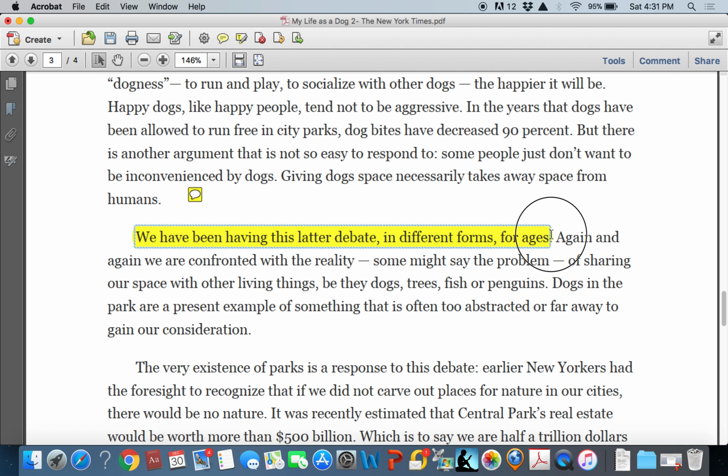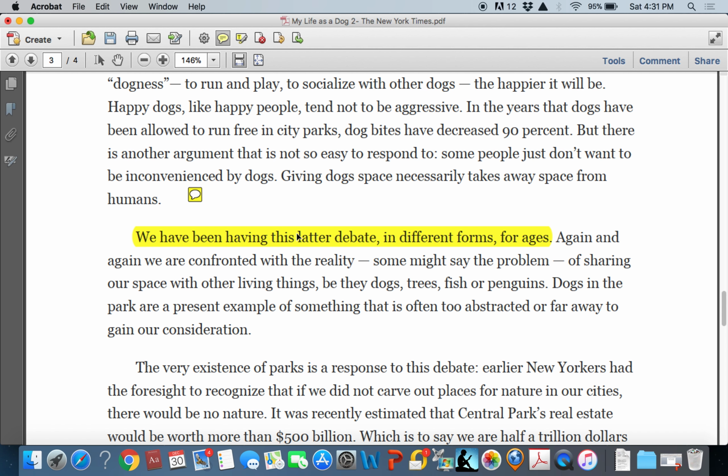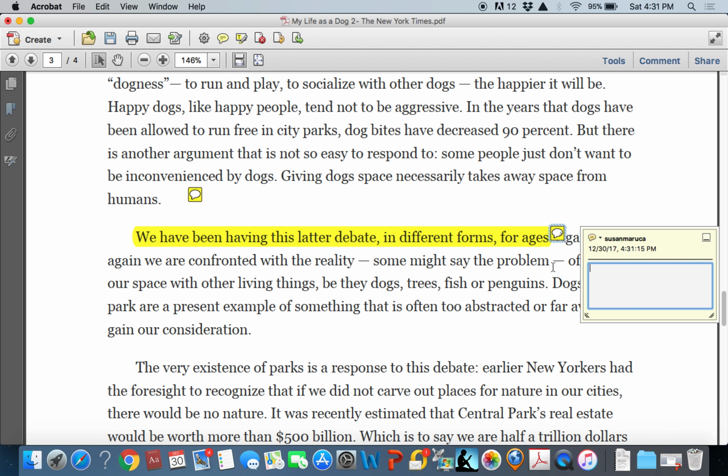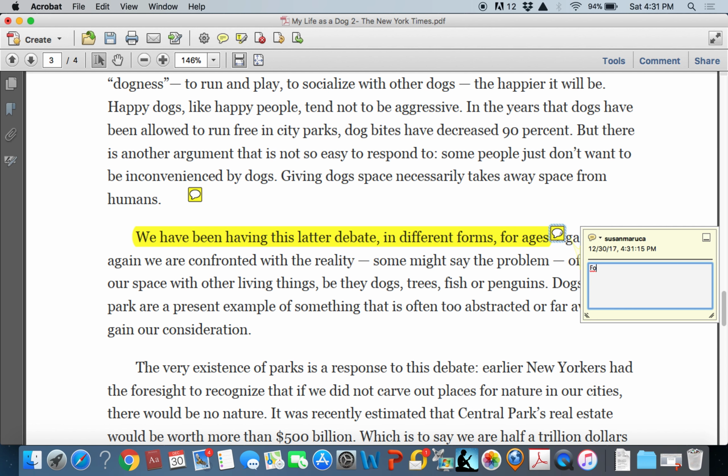So for this, and I'm going to highlight the rest of this, he actually expands the issue of off-leash laws to something larger, that is, humans sharing space with non-humans.